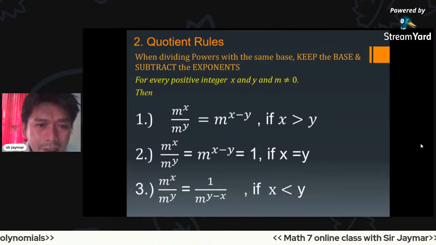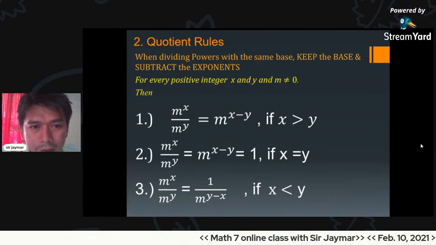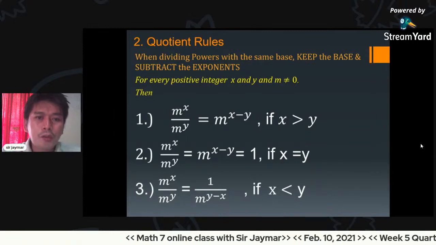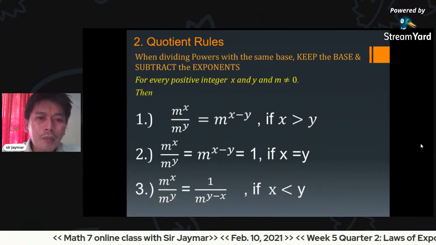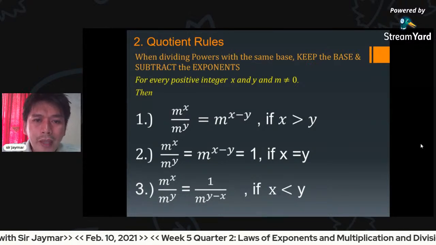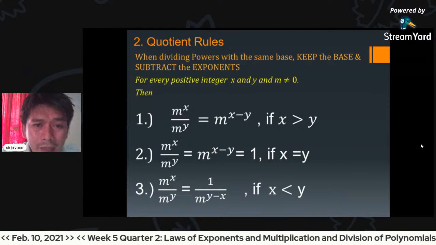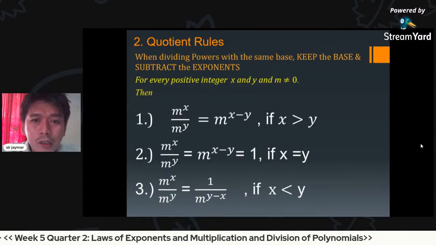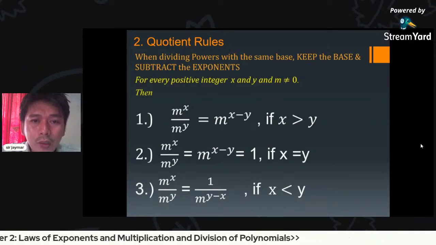Each one has a different case. From 1, m raised to x over m raised to y. The exponent will be x minus y, and the case is x is greater than y.